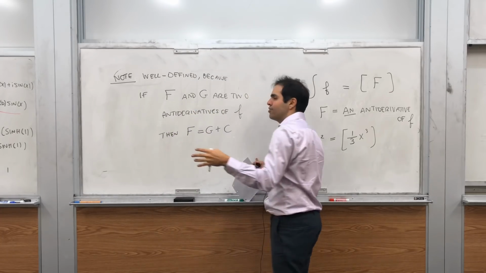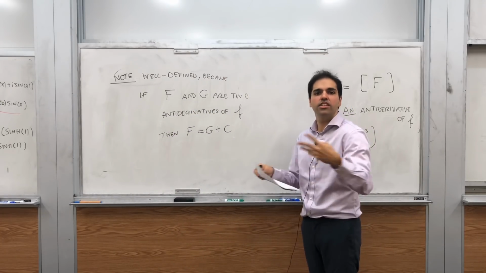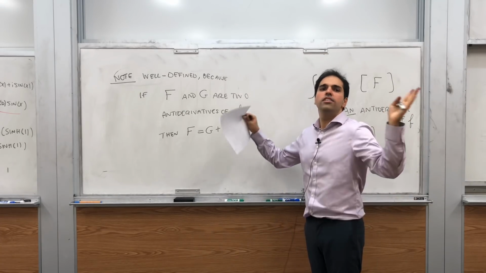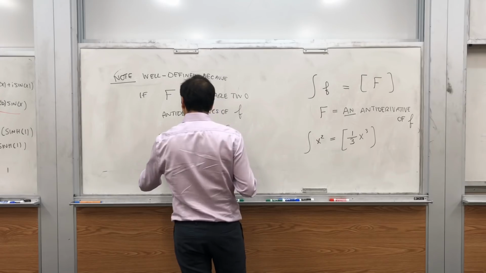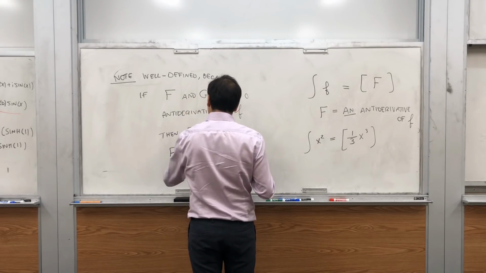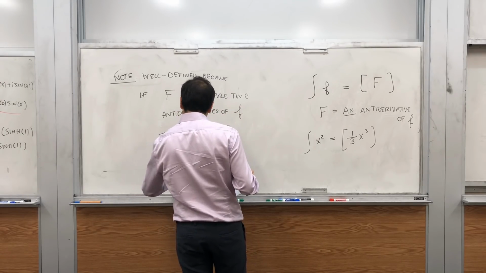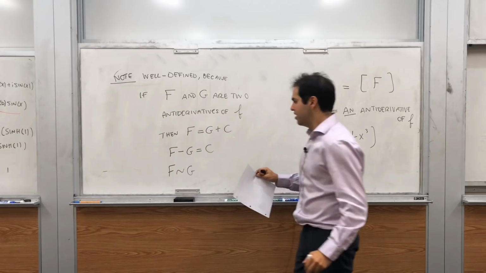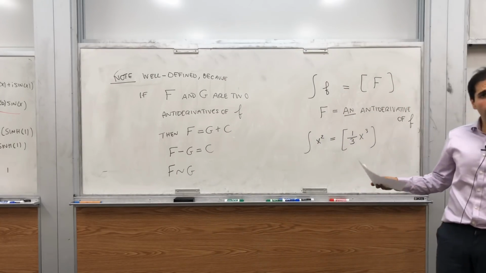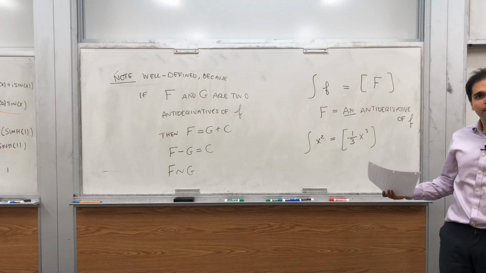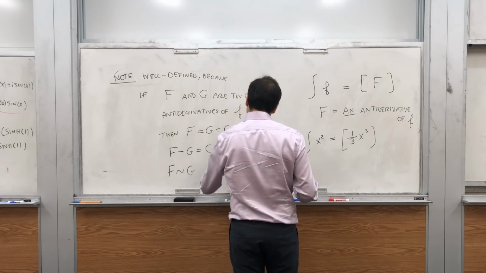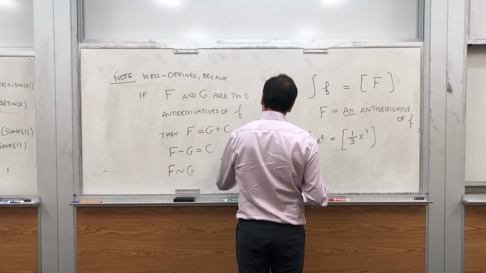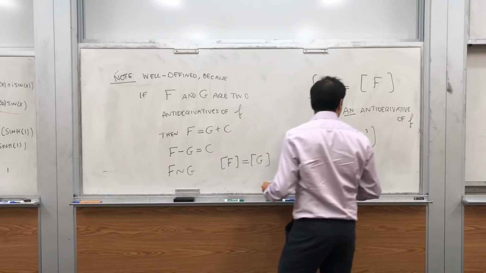Again, that follows because if you differentiate, the derivative is 0, so you get that it's a constant. And so in particular, F minus G is a constant, so F is equivalent to G. So F and G are indeed in the same country, and in particular, the equivalence class of F is the same as the equivalence class of G.